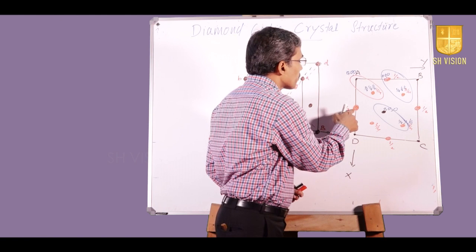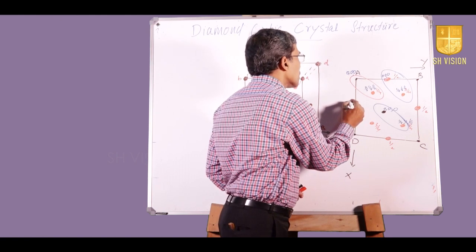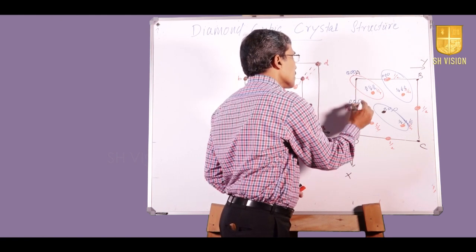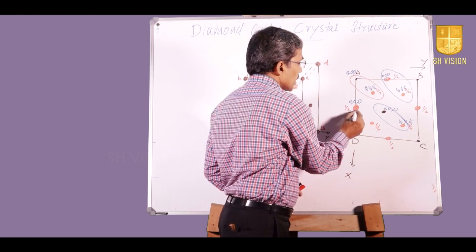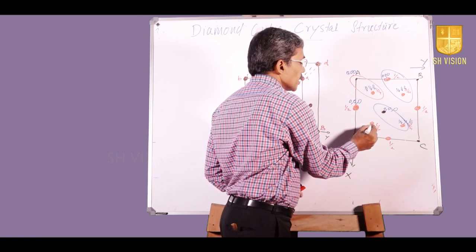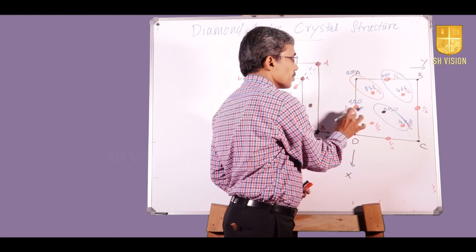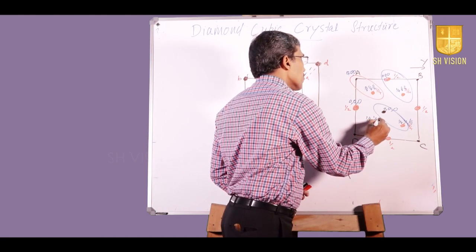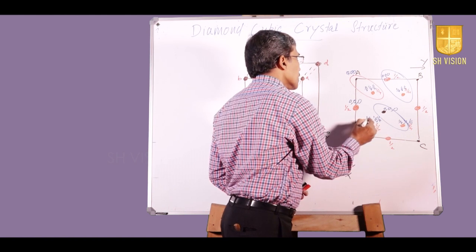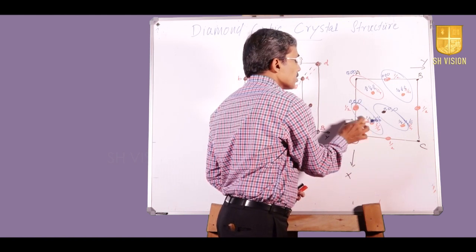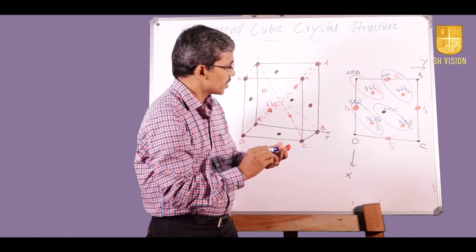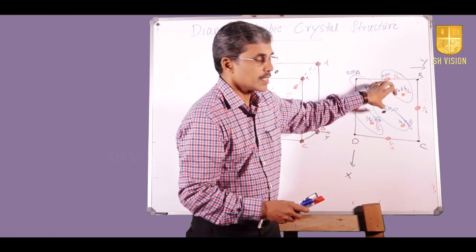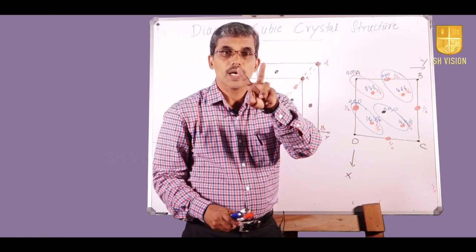This one is half. If I call this 0, 0, 0, this will be 1/4, 1/4, and this is 3/4 above, which with respect to this is only 1/4 above. So this is 1/4, 1/4, 1/4. Combined, this will form another basis. So these are all bases which consist of 2 atoms.